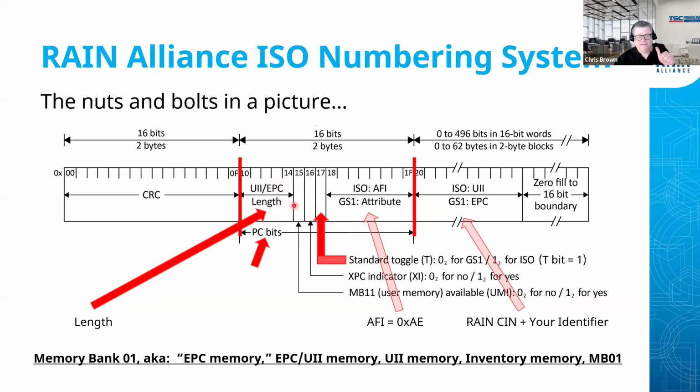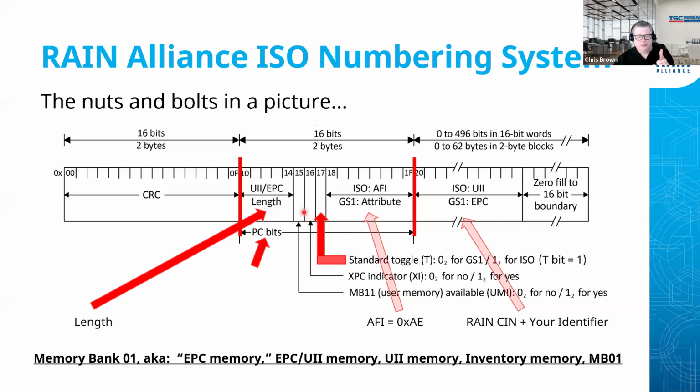You're going to encode 5 bits here that will translate to a number. That number specifies the number of words, 16 bits, that a reader is looking for over in this portion of the memory bank. So we're not going to generate the length value because our software is going to do it for us. That's the first one that's taken care of.